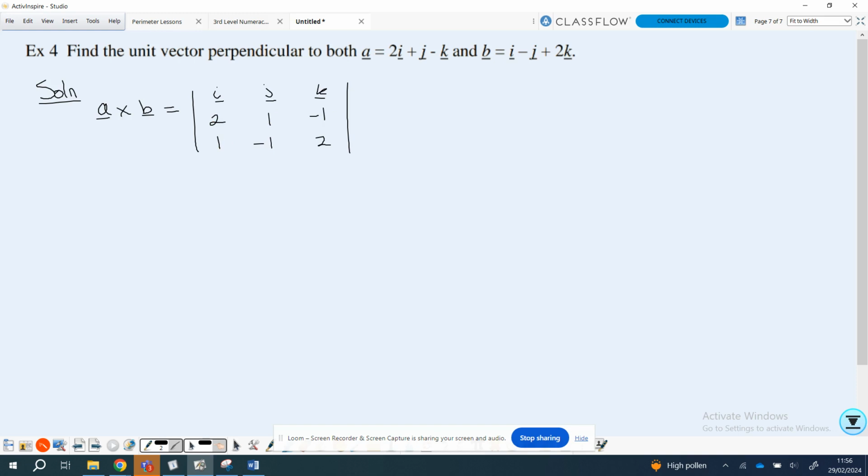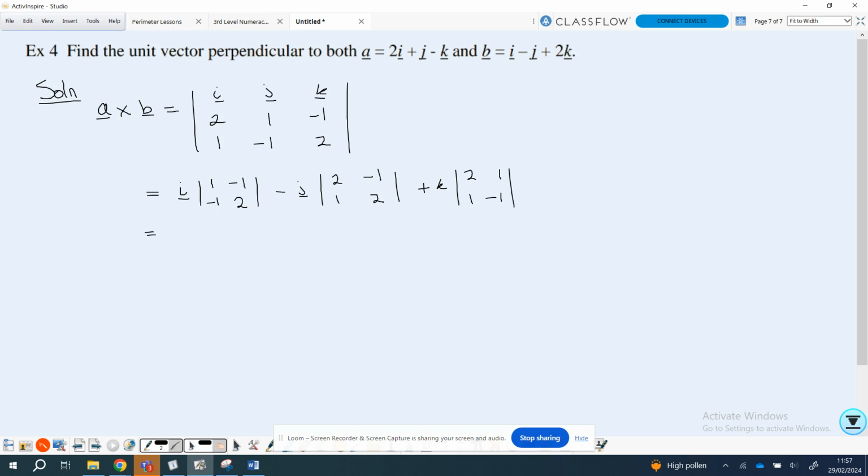Okay, and again, we've done this a few times now. We'll write down the 2 by 2 determinants for each one, so 1, negative 1, negative 1, 2. Change the sign of the j, 2, negative 1, 1, 2, and then plus k, which will be 2, 1, 1, negative 1.